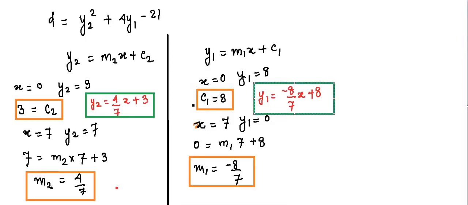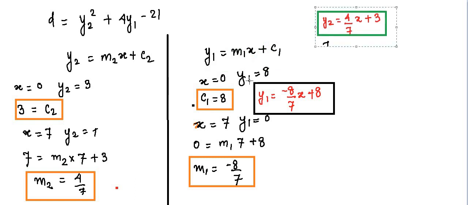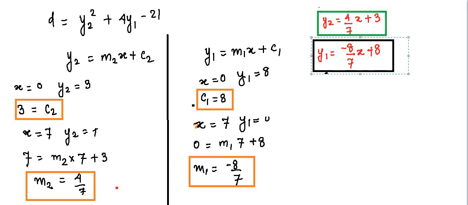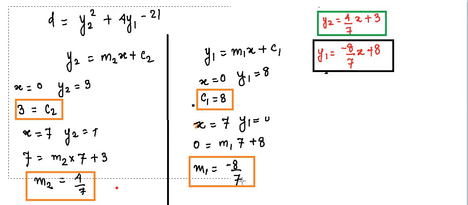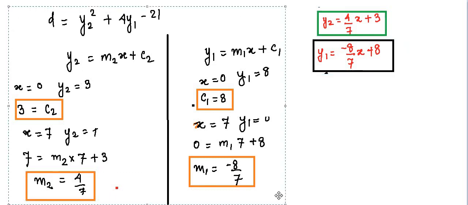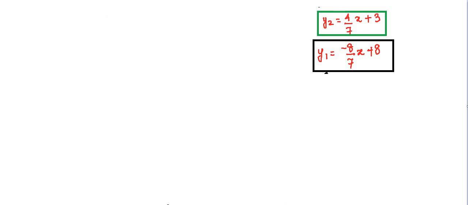Basically it is saying that we have to find out the value of x when y2 is equal to y1. So let's equate both of the equations.